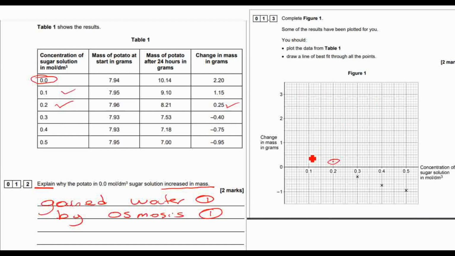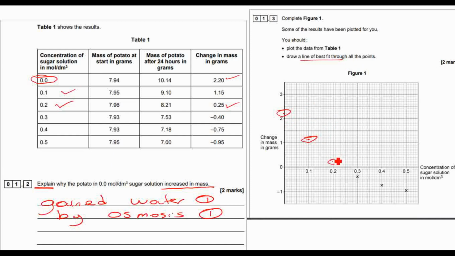So that's 1.15. So 1.1, 1.2. So 1.15 is going to be in between here. And then finally 0.0. That's 2.20. 2.1, 2.2. Okay, and then they now ask you to draw a line of best fit.